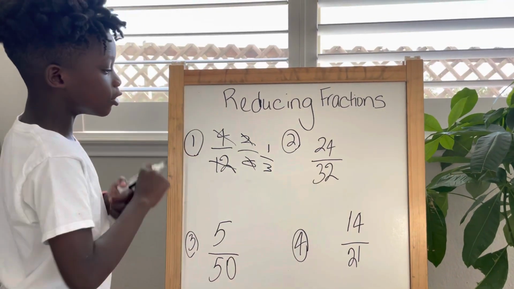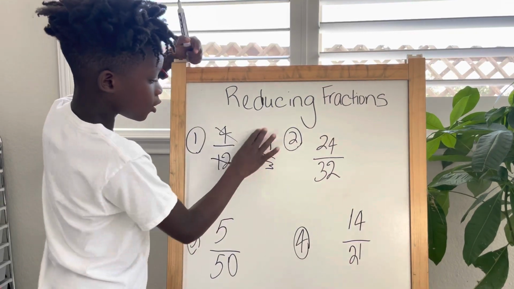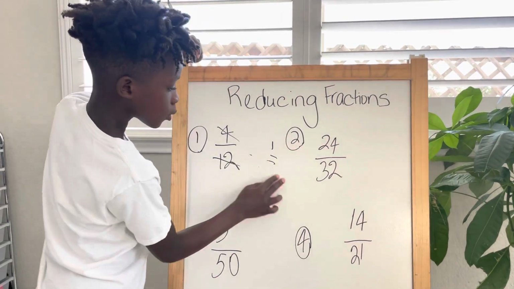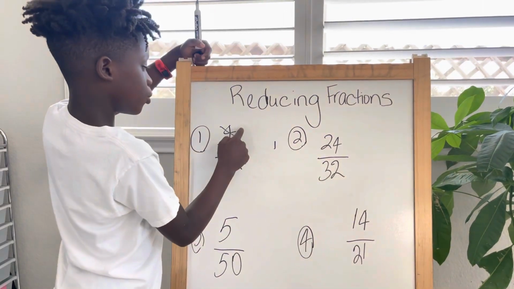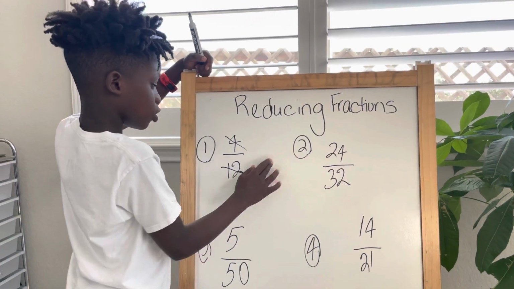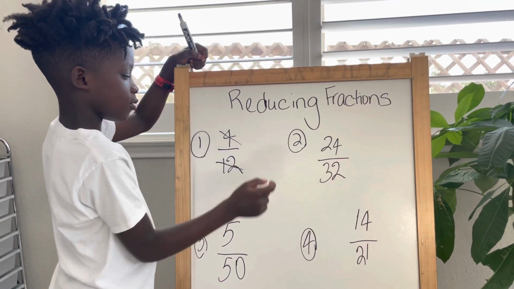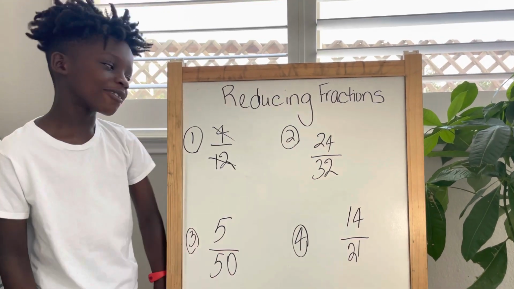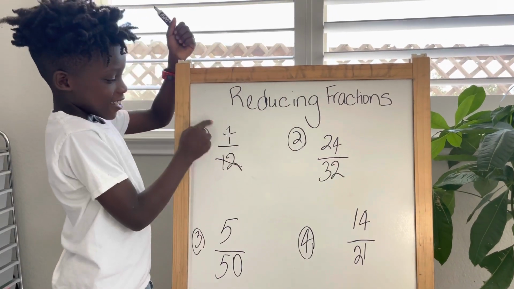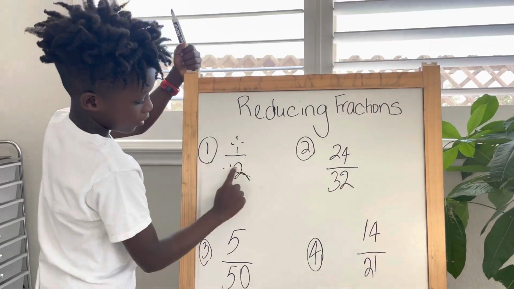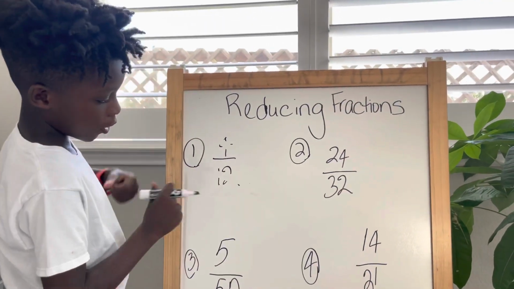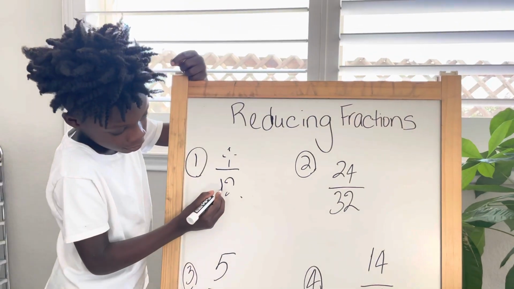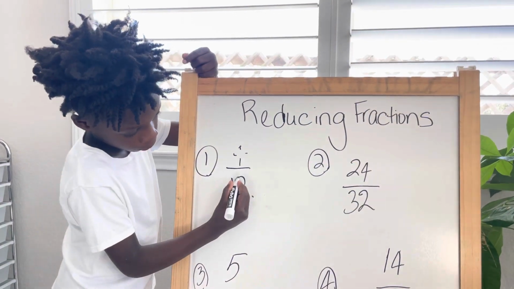The easiest way to do it without all this is to look at your numerator. Don't look at your denominator, because are you really going to try to divide 4 by 12? It's just making your life harder, and you end up getting the problem wrong.